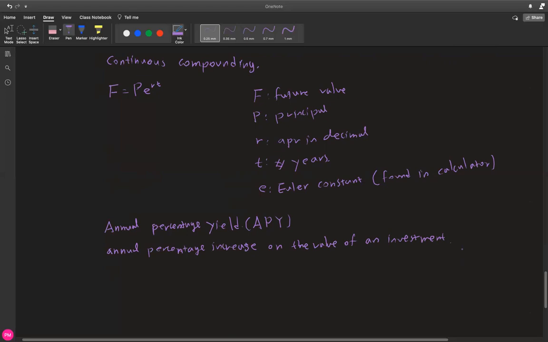And APY actually has two different formulas.